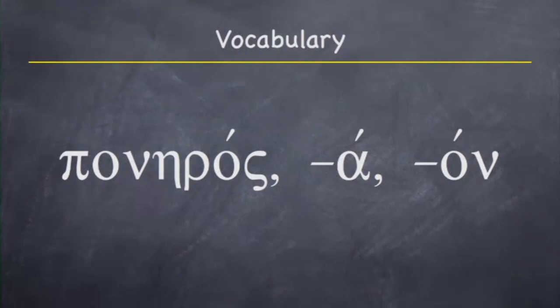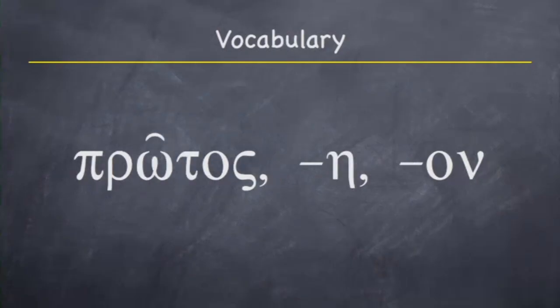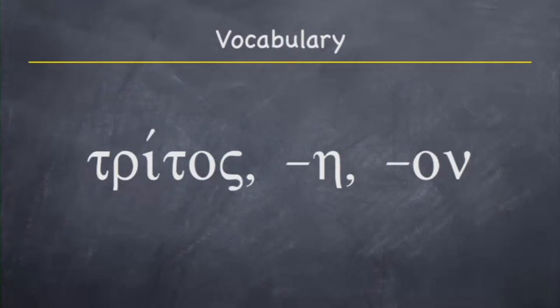Poneros, ponera, poneron: evil, bad. Protos, prote, proton: first, earlier. Tritos, trite, triton: third.